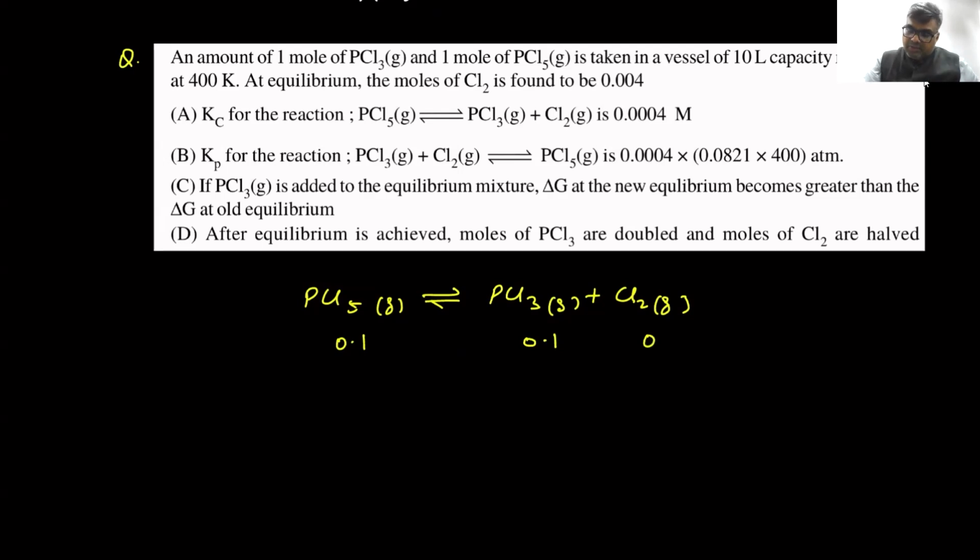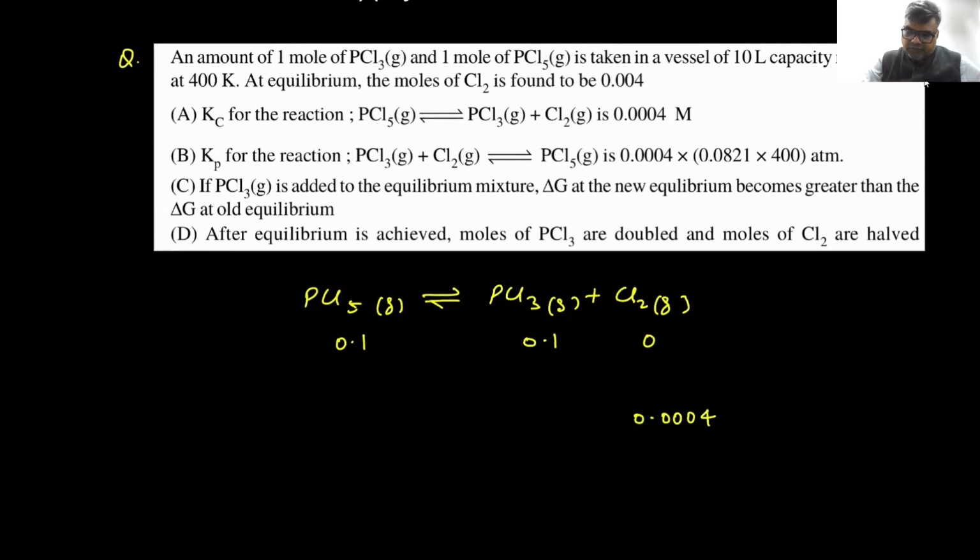Once equilibrium has been established, the concentration of Cl2 will be, because the moles formed is given as 0.004, 0.0004. And you can notice that if this amount is consumed from PCl5 and added to PCl3, that will certainly be a negligible value.